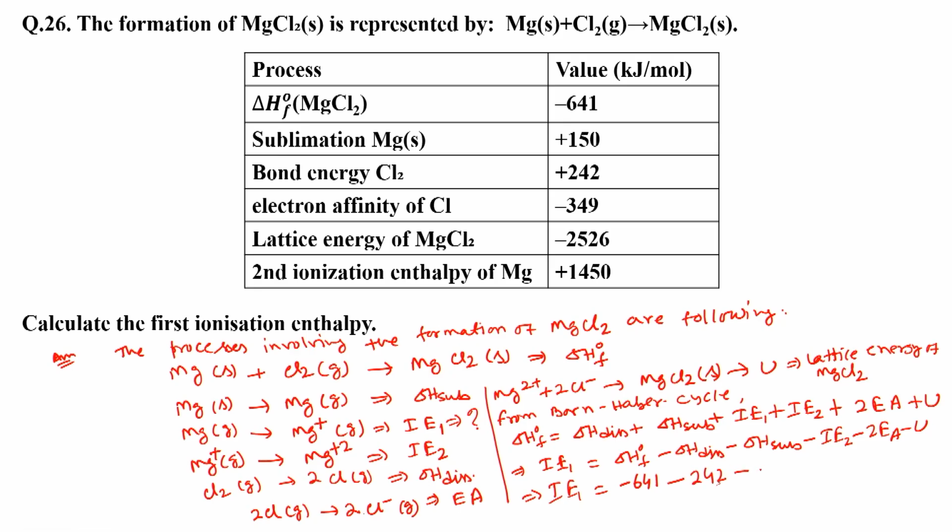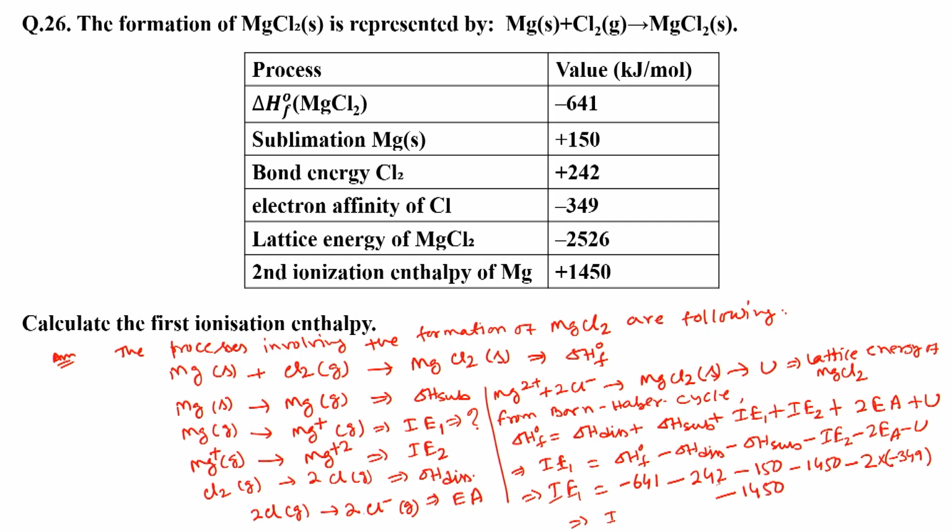Delta H sublimation is also given, 150. IE2 is also given, minus 1450, minus 2 times EA, value of EA is also given, so 2 times minus 349, and minus U is plus 2526.